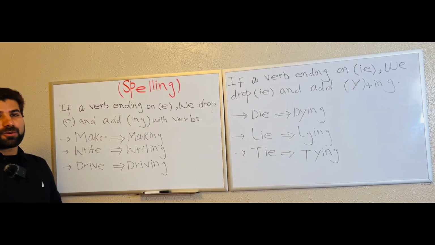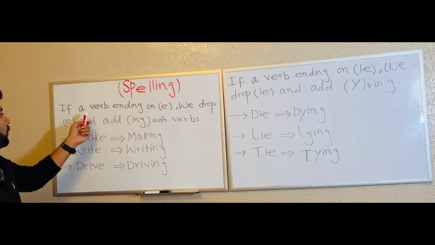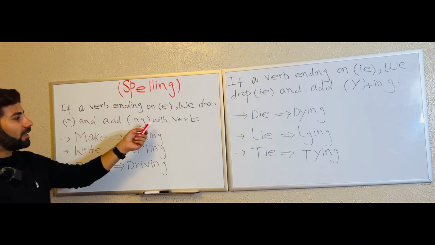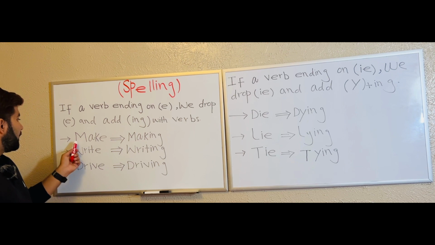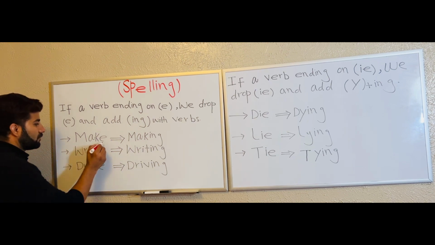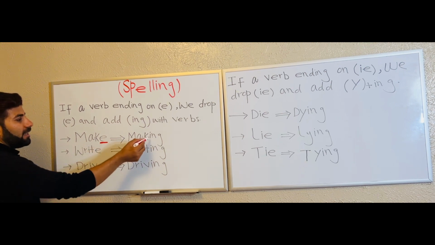In present continuous or present progressive, there is a rule for how to change spelling when we convert a verb from base form to ing form. If a verb ends in E, we drop the E and add ing. For example, make. Make is ending in E, so we drop this E and we add ing.